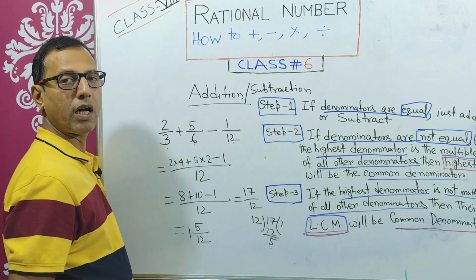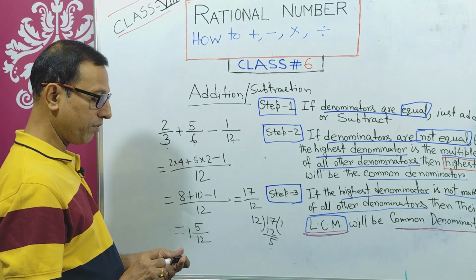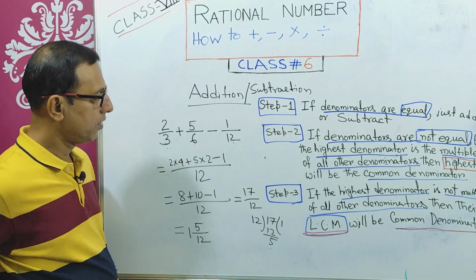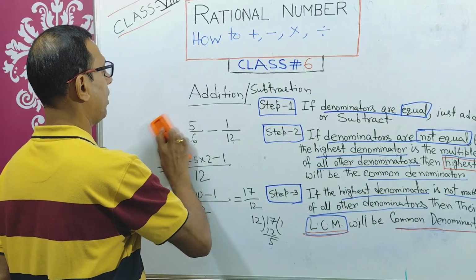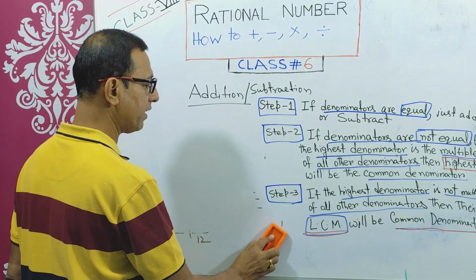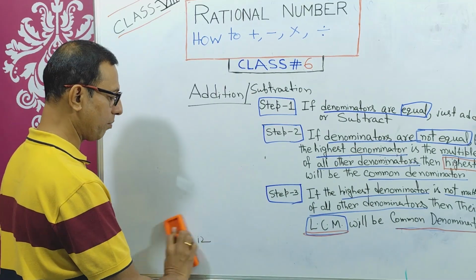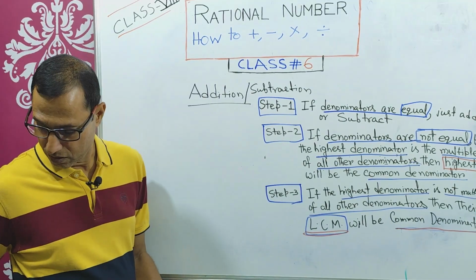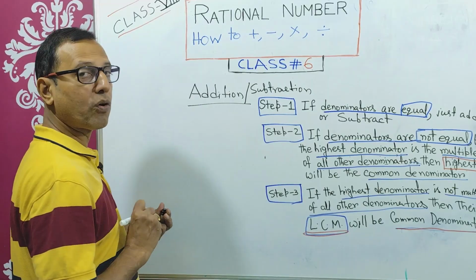Rule number 2, done. Now if the denominators are not equal, and the highest denominator is also not a multiple of all other denominators, it has to be a multiple of all other denominators.